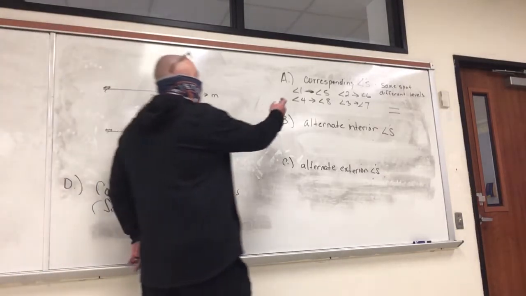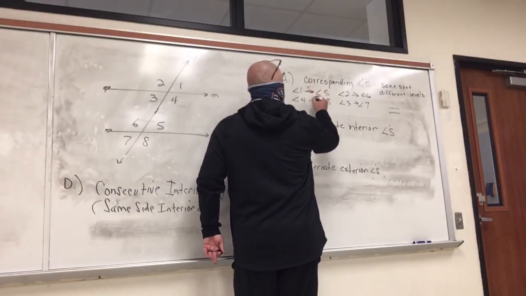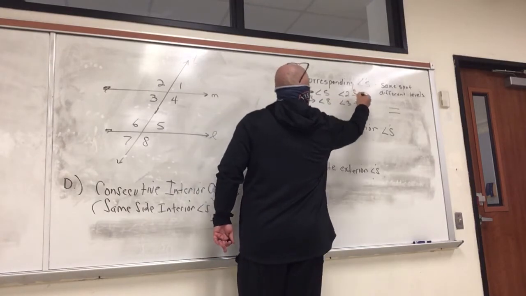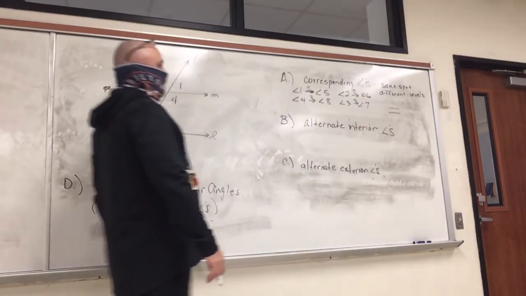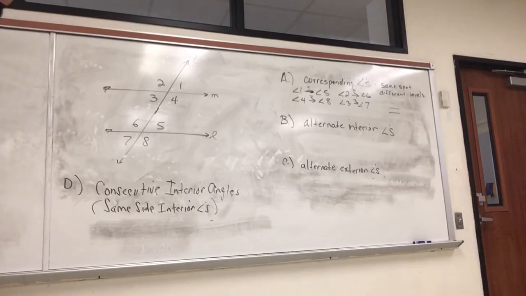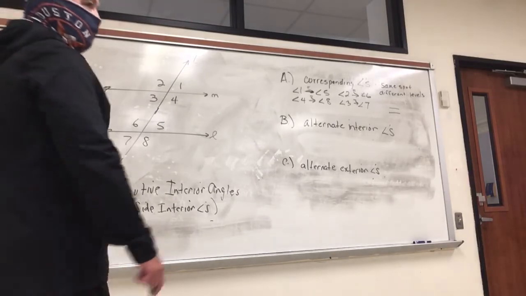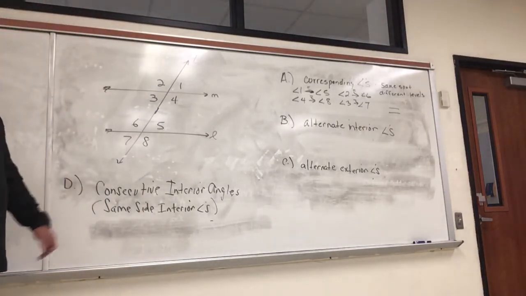So not only are they corresponding, they're also equal to each other. Angle 1 is equal to angle 5. Angle 4 is equal to angle 8. Angle 2 is equal to angle 6. And angle 3 is equal to angle 7. Any questions about corresponding angles? All right. Next thing.